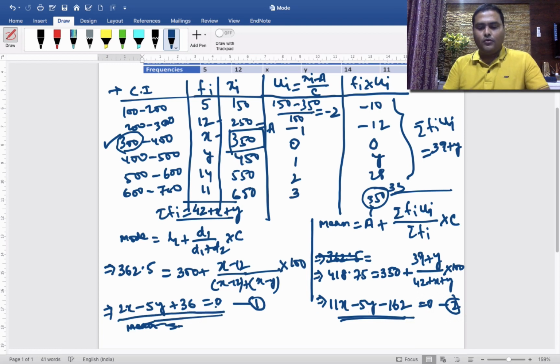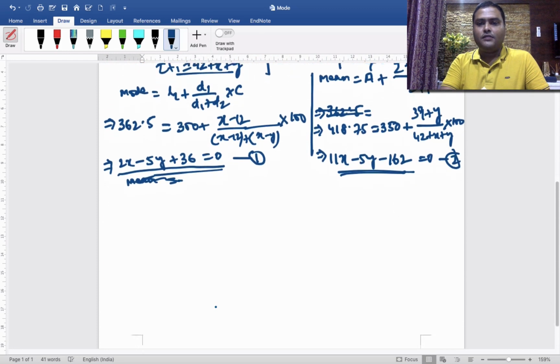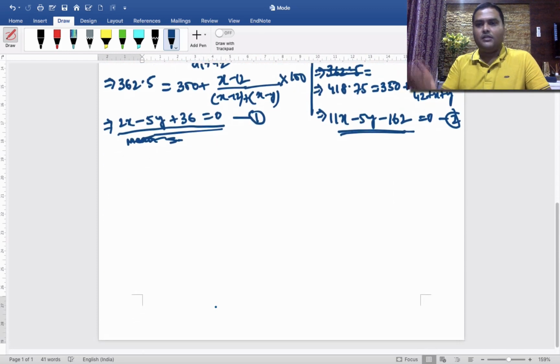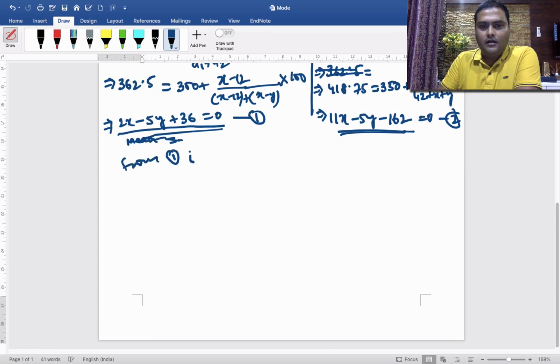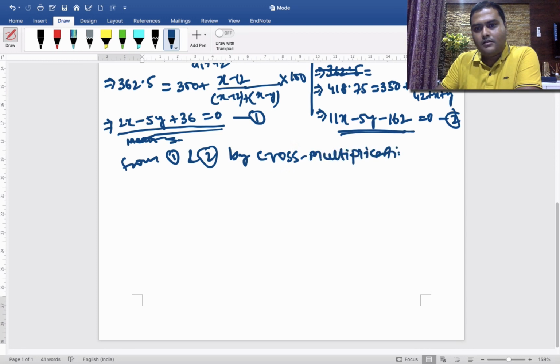Now what we need to do is solve these two equations to find x and y like previously, so that we can get the missing frequency data, right? So in this case, we will write again from 1 and 2 by the cross multiplication method.